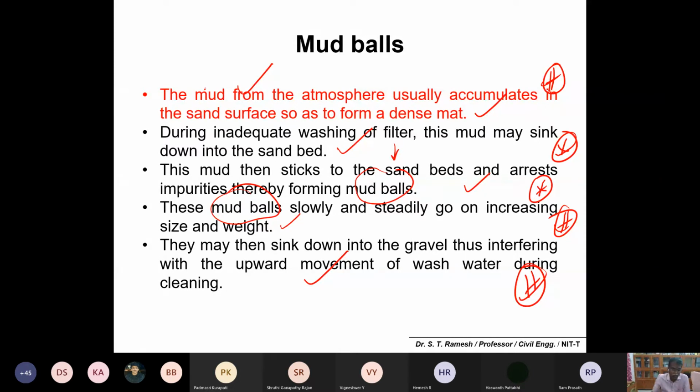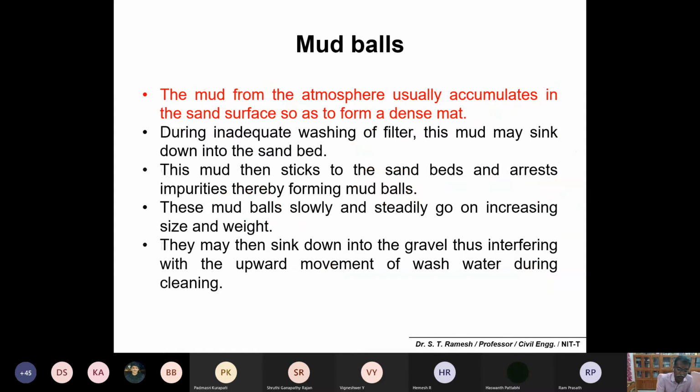The mud balls slowly and steadily increase in size and weight, and finally may accumulate at the bottom of your gravel bed. This mud ball may create a lot of problems on backwashing. It causes turbulence around them and thus hinders the uniform application of wash water.